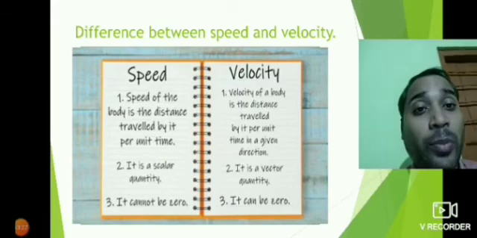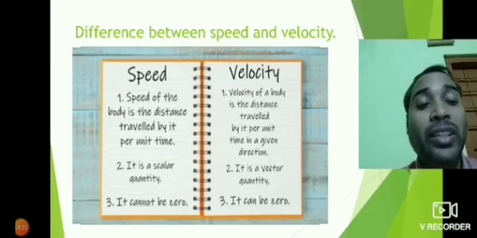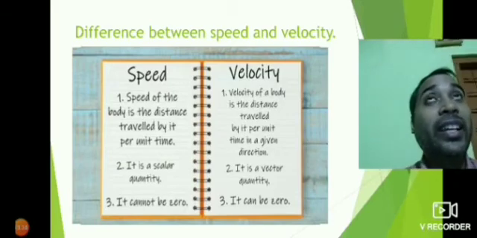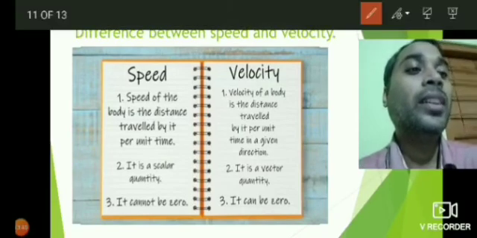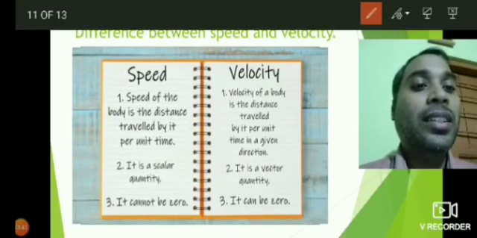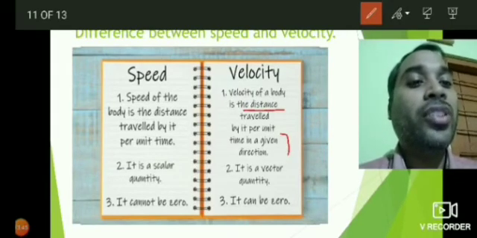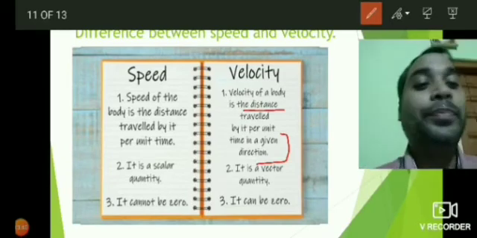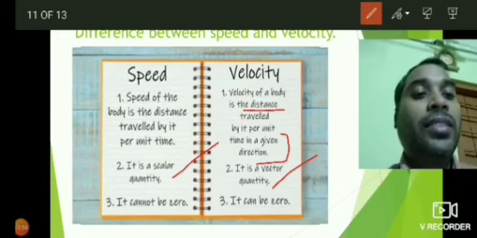So what is point number 1? Speed of the body is the distance traveled by it per unit time, whereas velocity is the distance traveled per unit time in a given direction. So when we say given direction, we are talking about displacement. So you can also say displacement traveled per unit time. So distance in a given direction is nothing but your displacement. Speed is a scalar quantity, whereas velocity is a vector quantity.